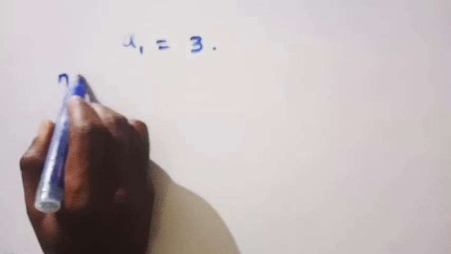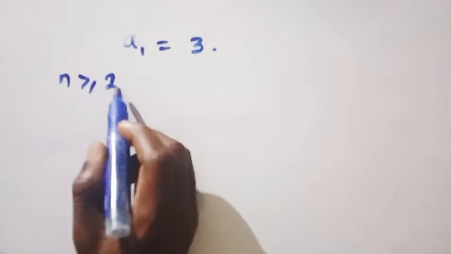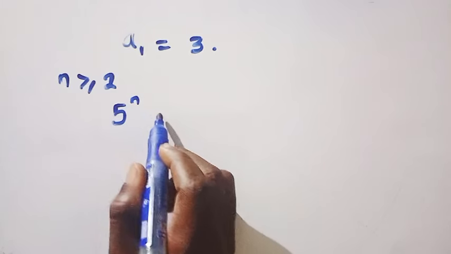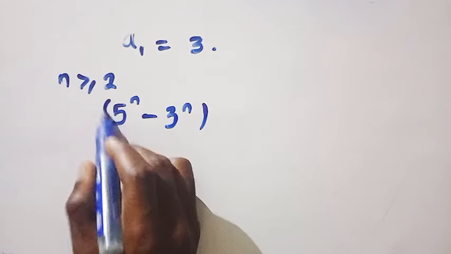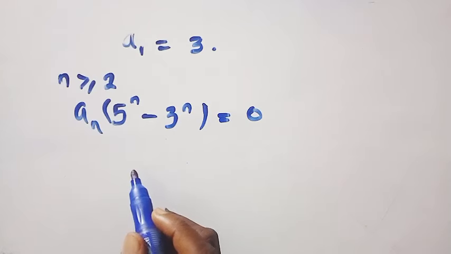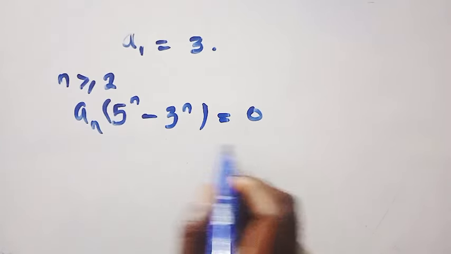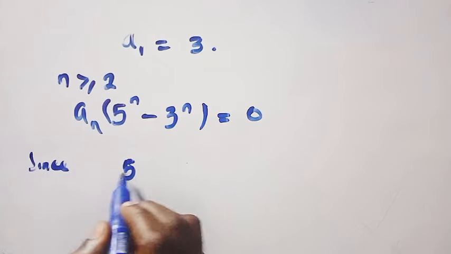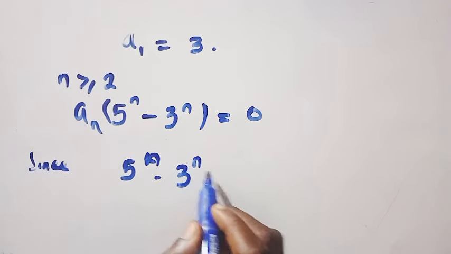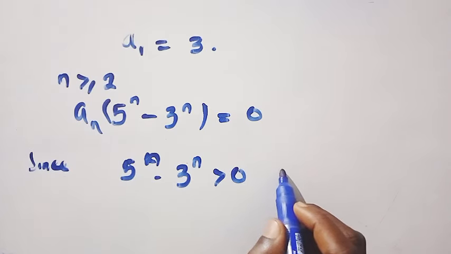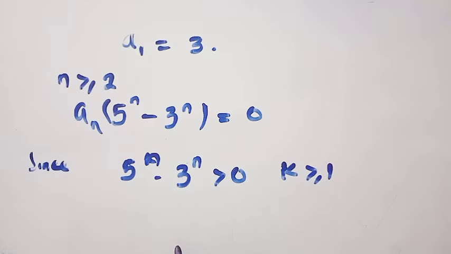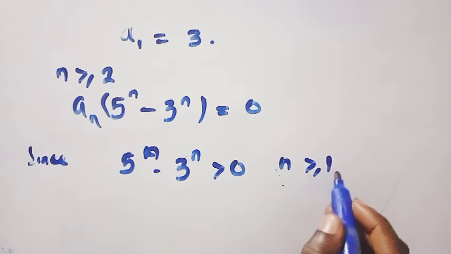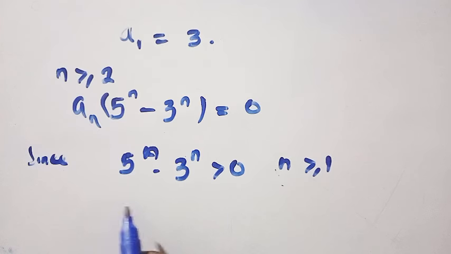And again, if n is greater than or equal to 2, any value starting from 2 upward, we have 5 raised to power n minus 3 raised to power n, multiplied by a_n, and everything here must equal 0, because on the right hand side every such coefficient equals 0. Since 5 raised to power n minus 3 raised to power n is non-zero for n greater than or equal to 1, a_n must be 0 for n greater than or equal to 2.